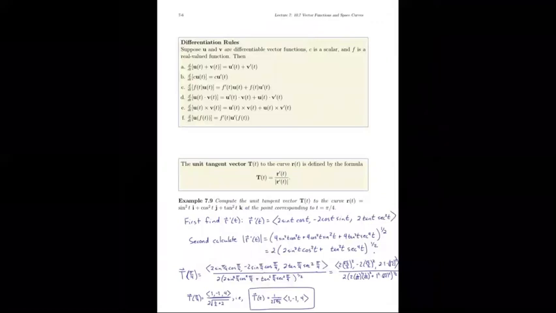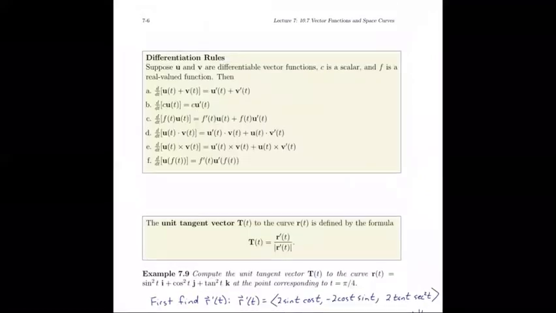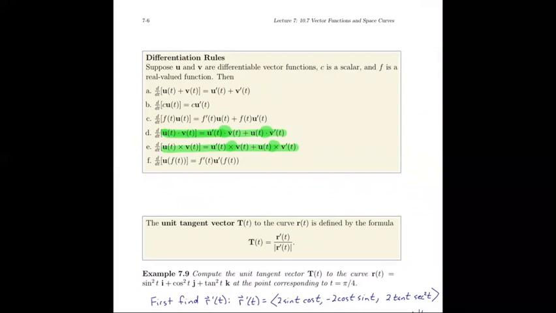Differentiation rules, well, that brings us to basically a summary of all of these, and we see that there are some nice rules. The dot products, we've seen these three essentially. The dot product has something very similar to the product rule. That's nice. Even the cross product has something very similar to the product rule. Just remember that this dot and these times are very distinct definitions. Those are the vector dot product and vector cross product that we're familiar with.